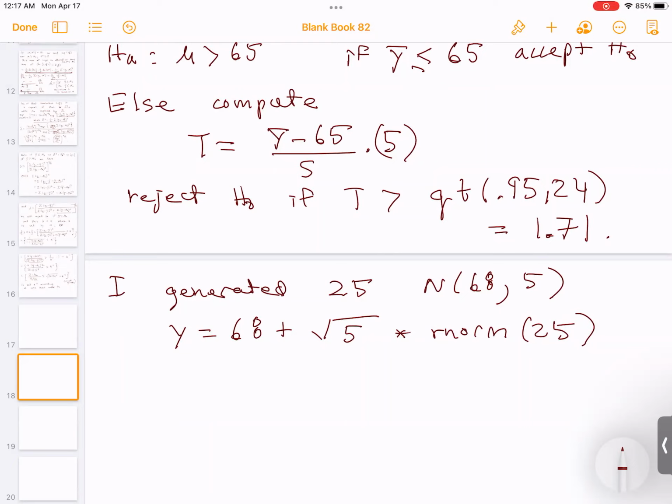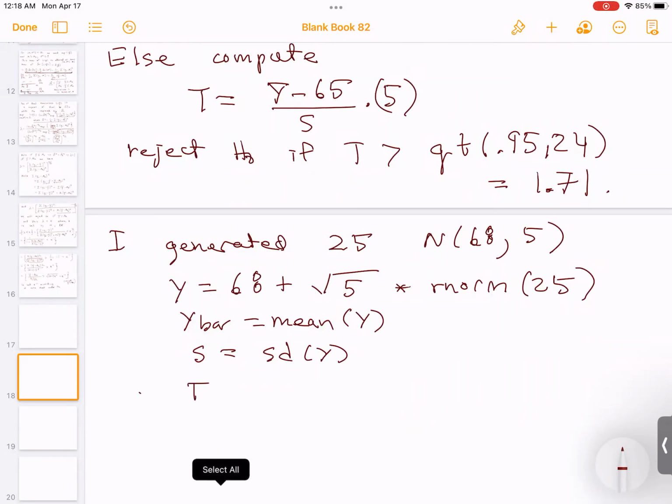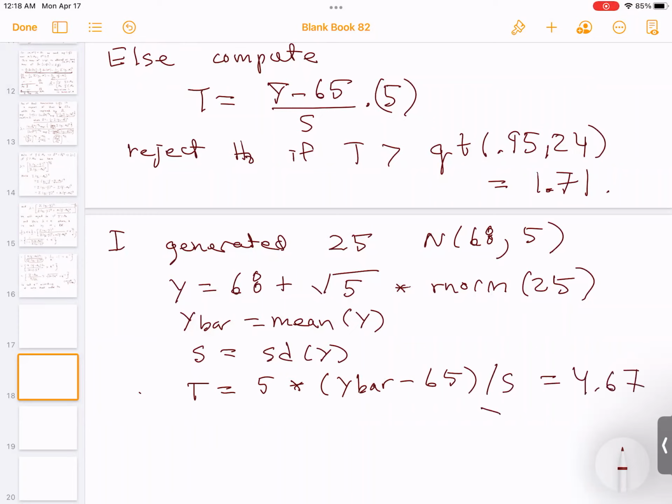So y bar was the mean, and S was sd of y, and then I took t equals 5 times y bar minus 65 divided by s, and I got 4.67, which is greater than 1.71, and we reject, which is reassuring. Should reject.